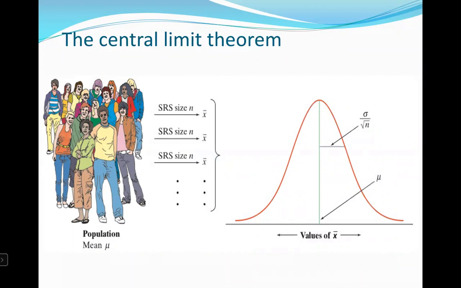So say we selected 20 of these people, we're asking ourselves maybe what's their average height, right? We select 20, find the average height, put them back. Select 20, find their average height, put them back.